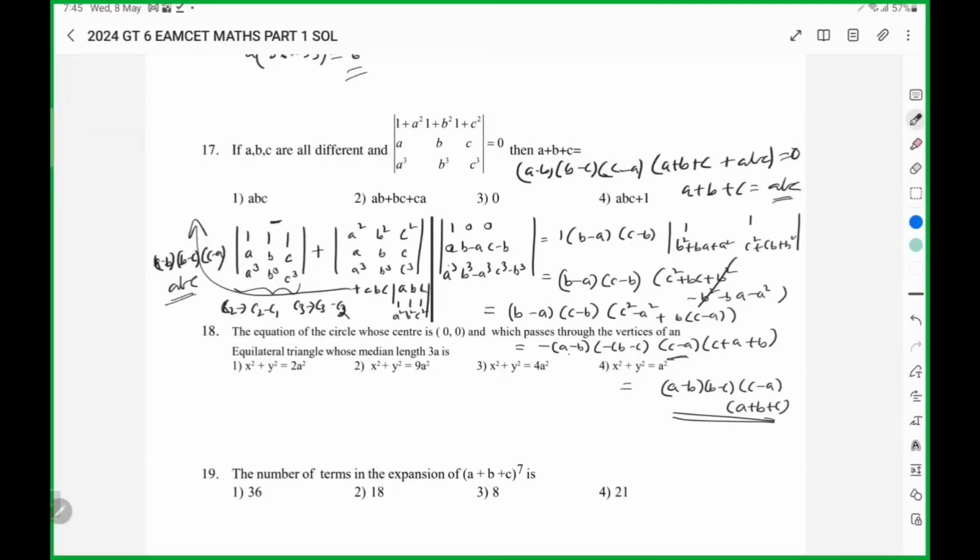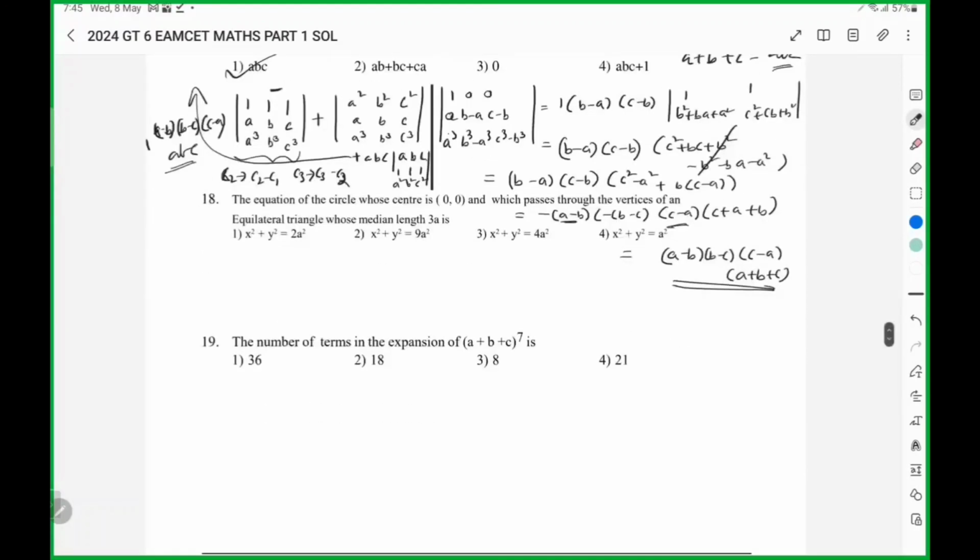Some sign difference is coming. Let me check once again. B minus C minus B, C minus C, we get this. And the second one, here we get some constant K times K, you get minus 1.